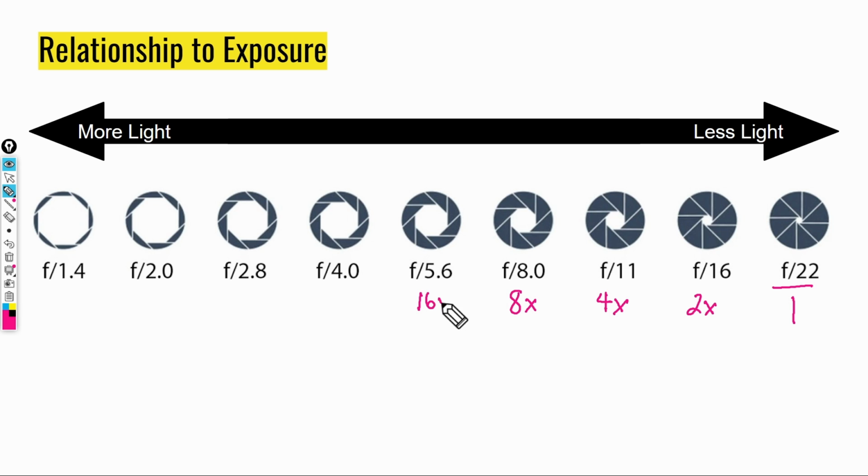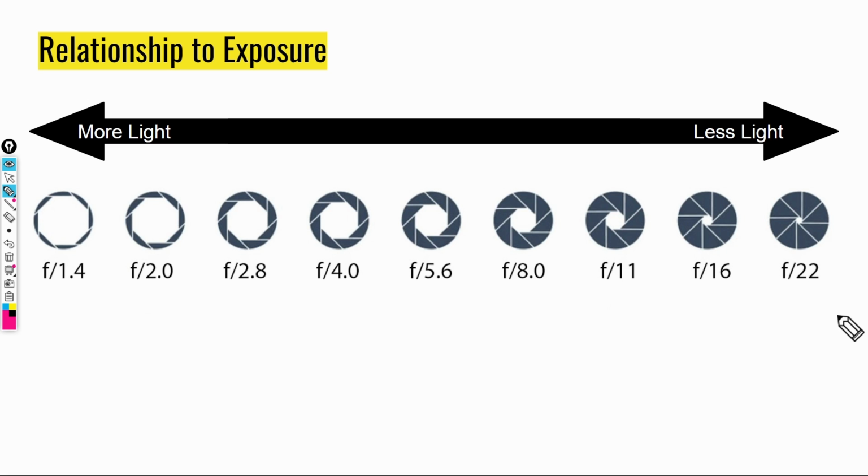And if we just carry this out, you can see this rises very quickly. So f1.4 is letting in 256 times more light than f22.